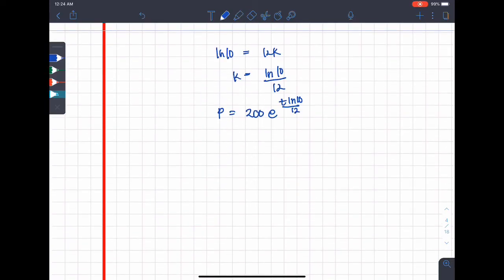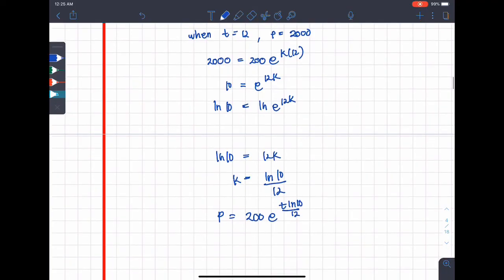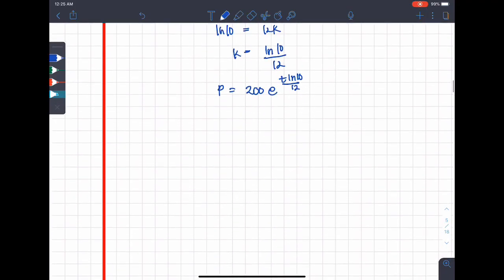Since we have our final relation between the population and the time, we can now determine the population of the bacteria after 24 hours. That is, when T is equal to 24, what is P?